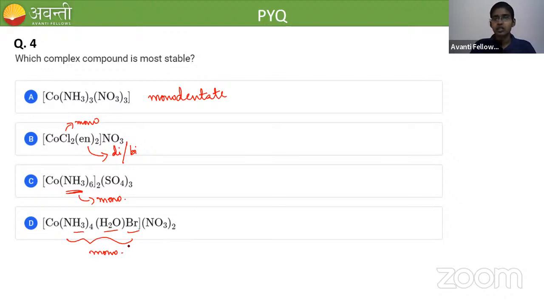So we all know that a bidentate ligand has chelation property, right? What is meant by chelation? Chelation means ring formation. The ring forming ability containing ligand is ethylene diamine, a didentate or bidentate ligand.